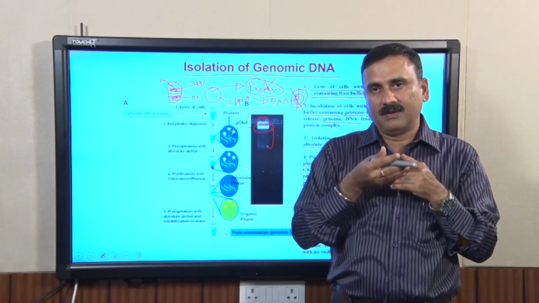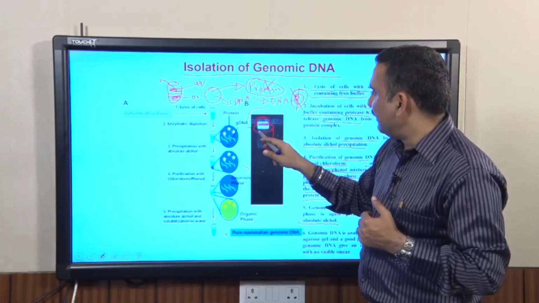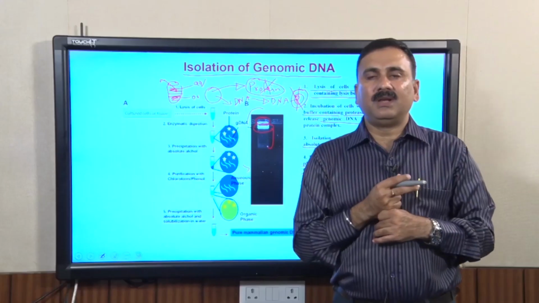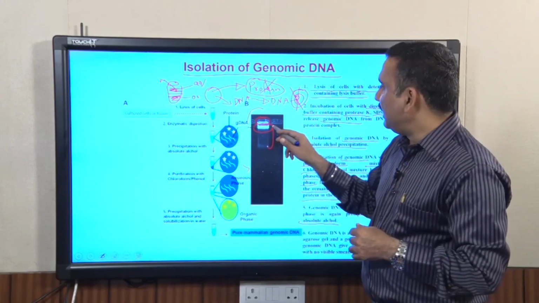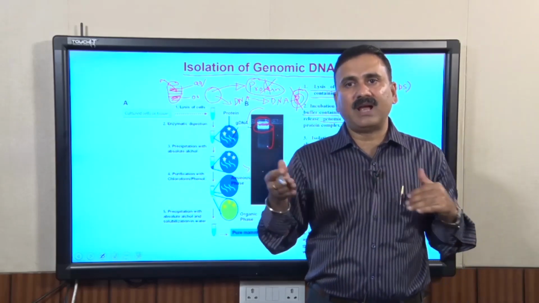trailing signal. For example, in this case you will see a very faint band or faint signal at the bottom. If it is very large or very intense, that signifies that the genomic DNA you have purified has been fragmented into different fragments.